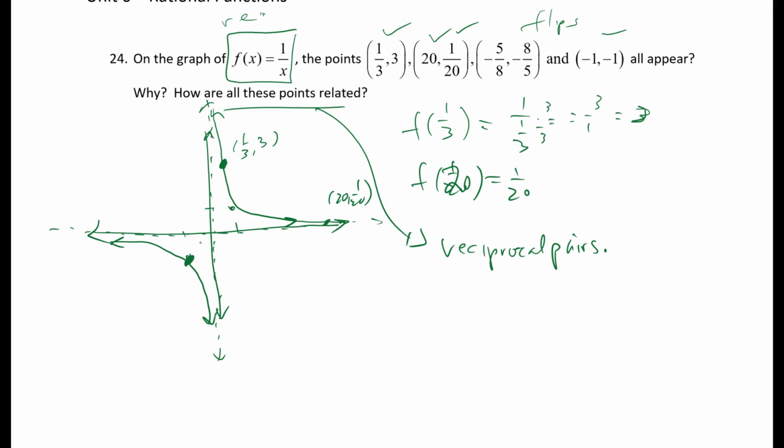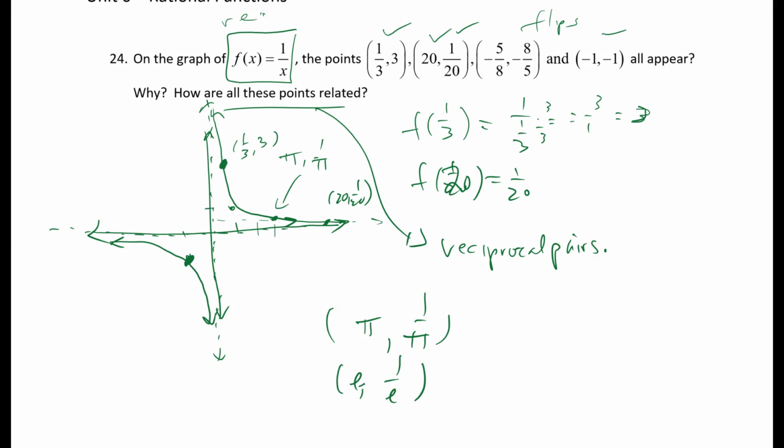If you can think of any reciprocal, that'll be on this graph. Like if we took pi and its reciprocal 1 over pi, that'll be on this graph. Pi is about 3.14, and so that point would be pi, 1 over pi. e, 1 over e, would also be on this graph.